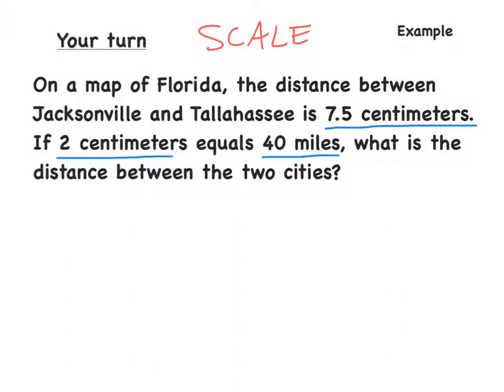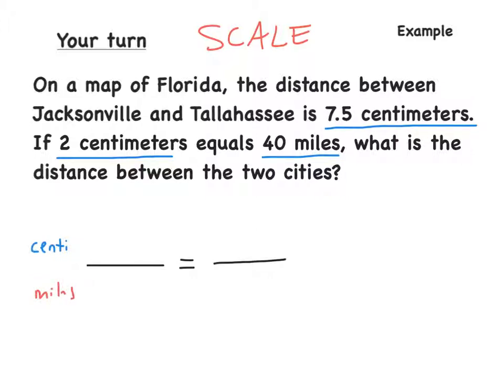So let's see here. We have our two ratios. So one ratio, what do we know that is correct? So we know that 2 centimeters is equal to 40 miles. So what we could do, we could put centimeters up top, and then we could put miles at the bottom.